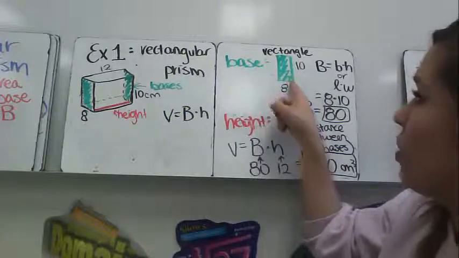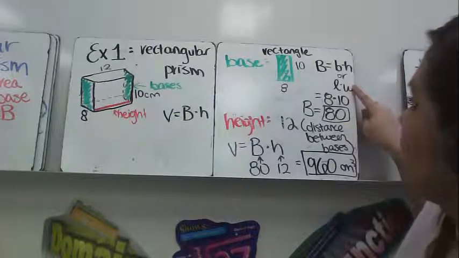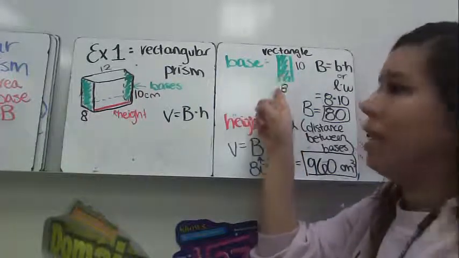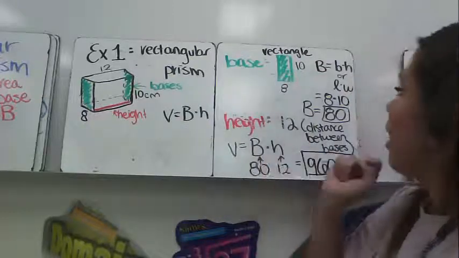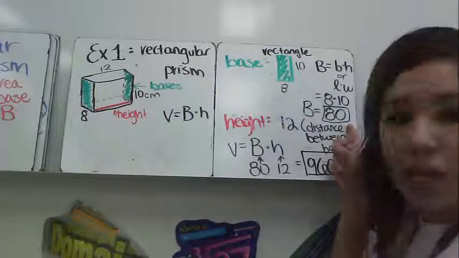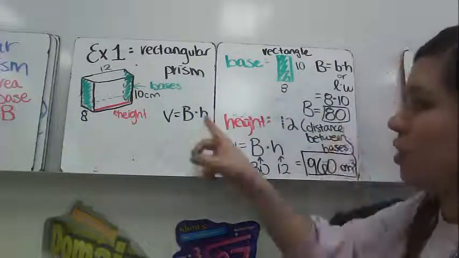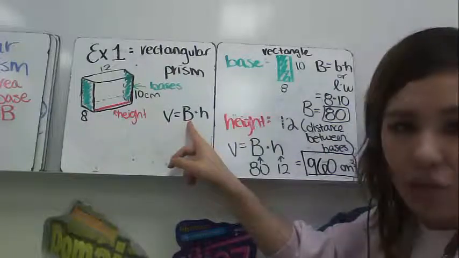If it's a rectangle, I know that the formula is base times height, or length times width. So all I need to do is 8 times 10, and I get that the area of the base is 80. So I'm halfway done because I already found my big B, the area of the base.